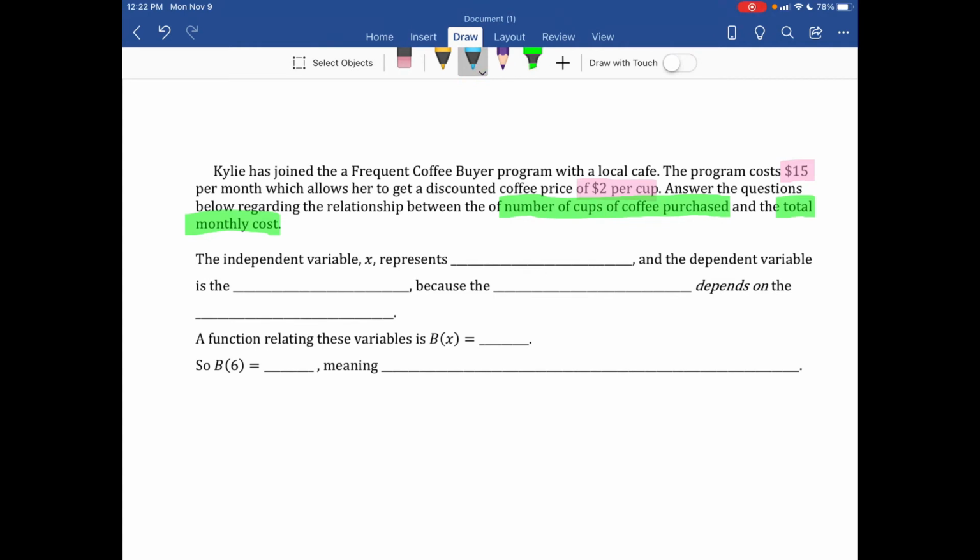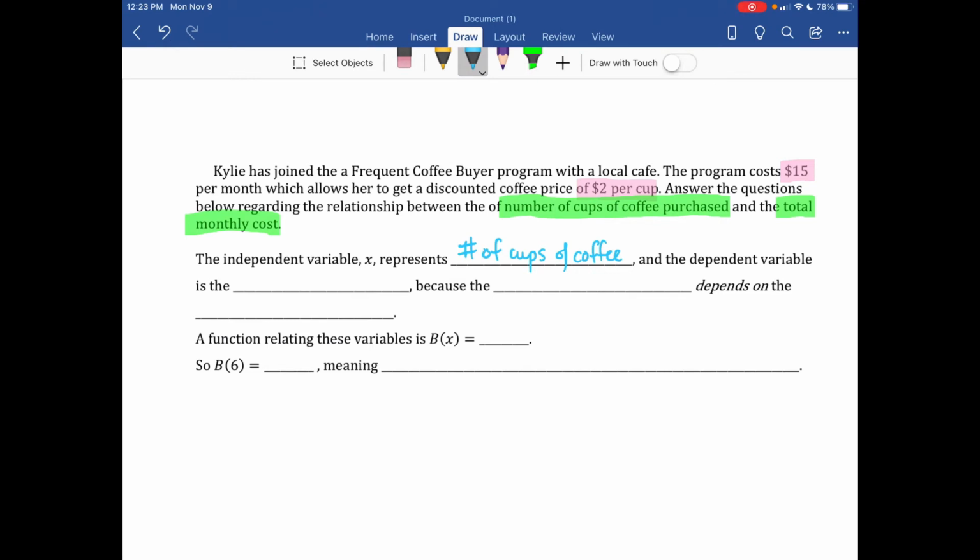Again, folks, you're asking yourself, which is the independent variable and which depends on the other? The independent variable would be the number of cups of coffee, because that stands by itself.